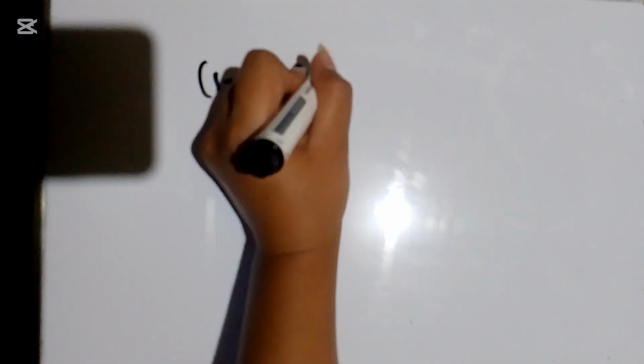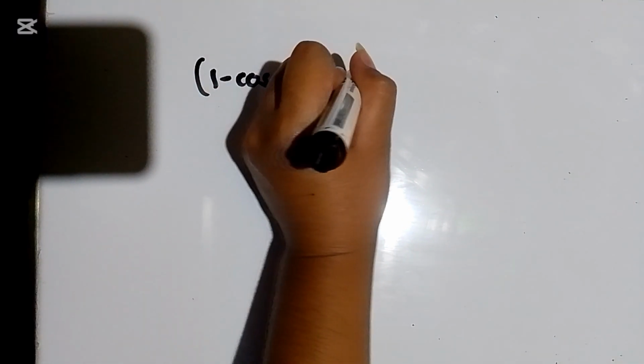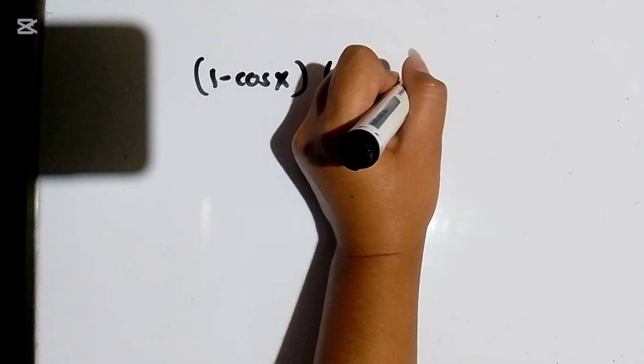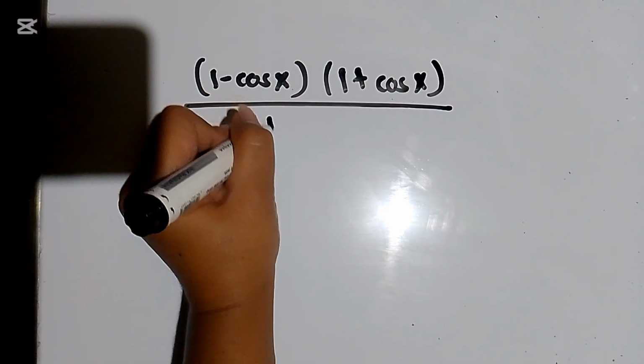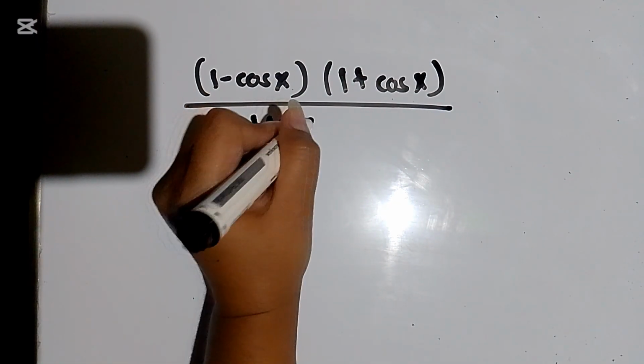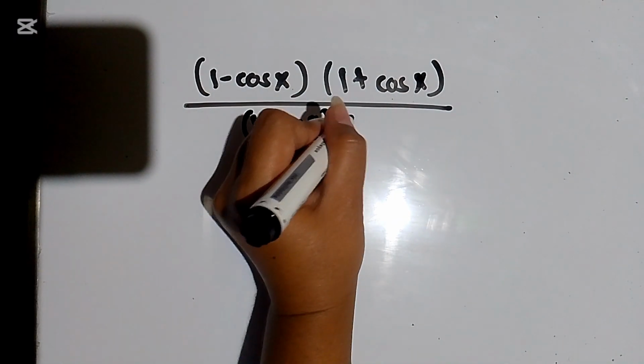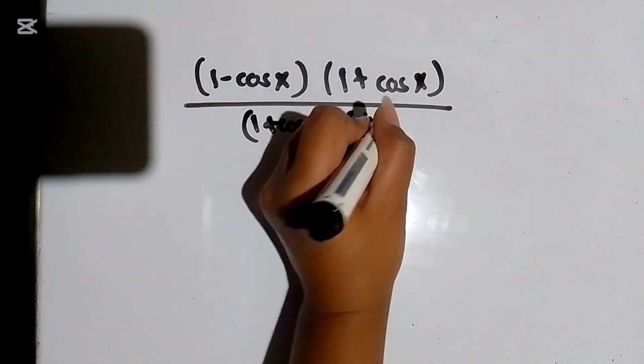Let's substitute the numerator: (1 - cos x)(1 + cos x) over (1 + cos x) and sin x.